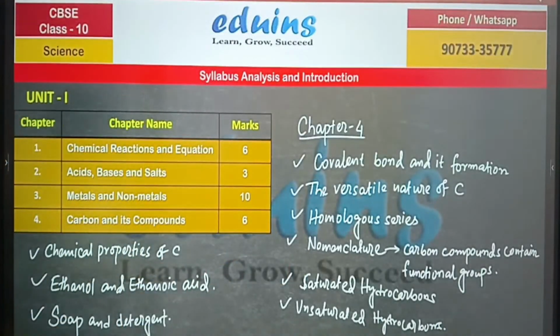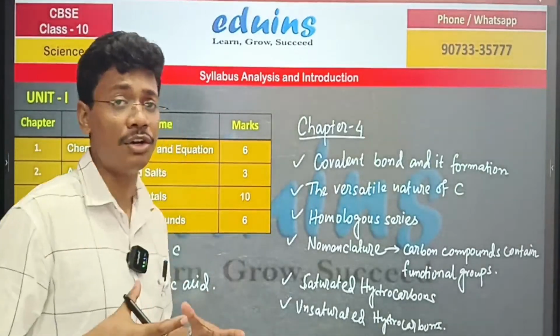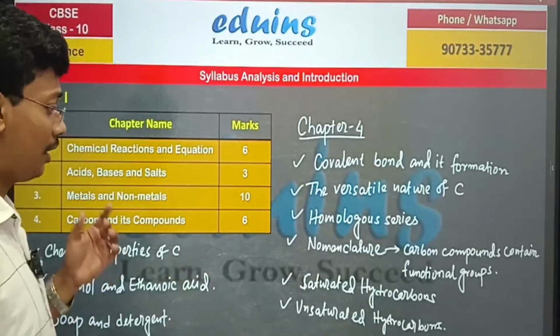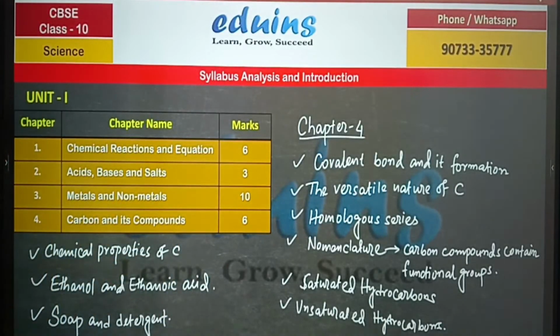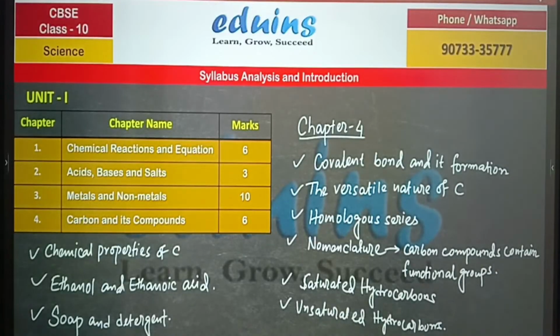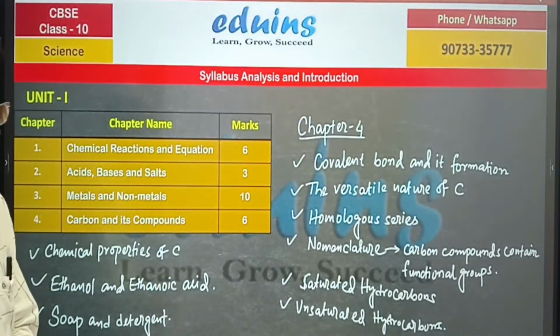Next, the nomenclature of carbon compounds containing functional groups like halogen, ketone, aldehyde. Next, saturated and unsaturated hydrocarbons, the chemical properties of carbon, ethanol and ethanoic acid, and last but not least, soap and detergent.